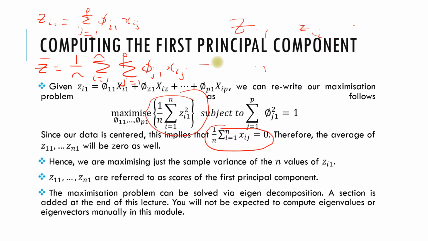You take the constant out, and you can also interchange the summations. By interchanging the summations, you can prove that z bar is equal to 0. You continue this process because you will come to a situation where you have the sum of xij, and the sum of xij is equal to 0 from what we already know. So you will see that z bar turns out to be 0 because this is 0.